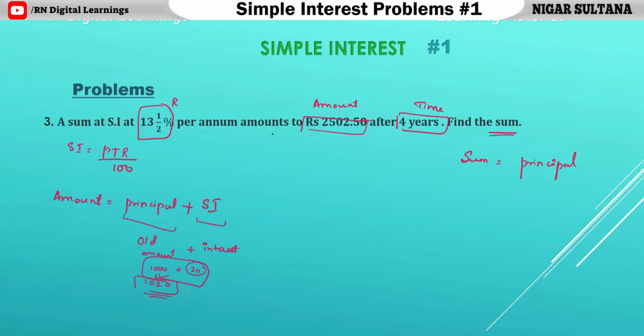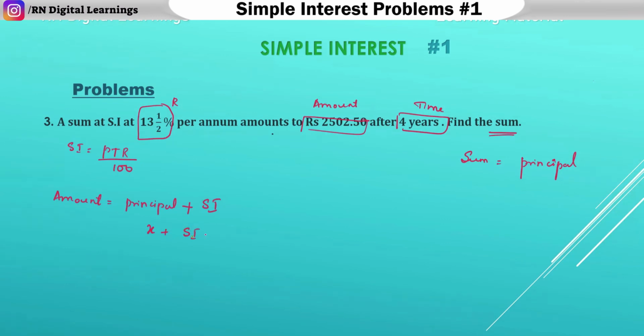So I'll be getting 1020. So this is the amount, along with the simple interest and principal amount. I hope everyone has understood what this amount is. So we don't know what the principal amount is, right? Let it be X. Okay. So first they have given what the R is. So the given R is 13 1/2% and the amount is how much?